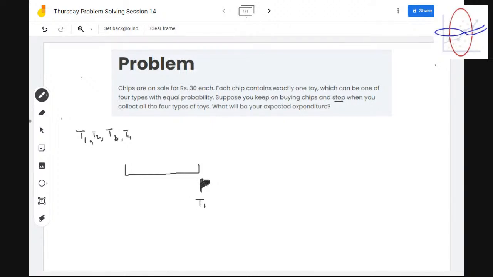Let's see the number of chips to buy, where each chip bought is one step. Observe the number of chips to buy to get the first toy. Can you guys tell me what distribution does it follow?